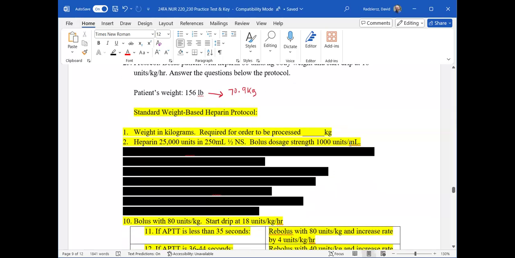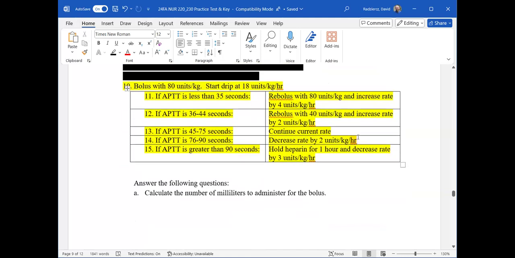Okay. So I'm going to come down to where it says calculate the number of ml to administer for the bolus. And thankfully, I can see the bolus information listed here where it says 80 units per kilogram. So I'm going to take the patient's weight in kilograms and multiply by the bolus.